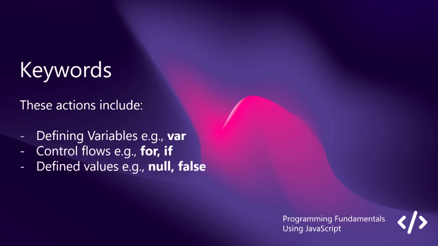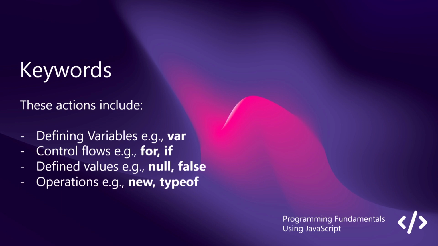There are some defined values which are reserved words. For instance, the null value and false value that we've seen before. When we said that Boolean values are recognized by the computer, it is also a reserved word. So you can't use that word false for something else because it is a reserved word, even though it is used as a value.